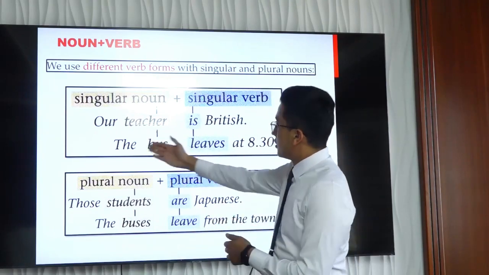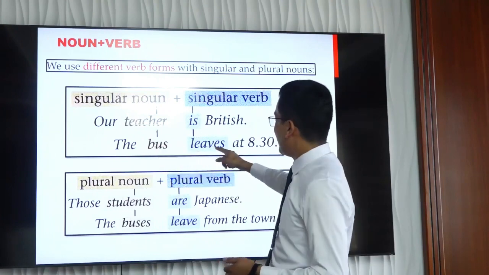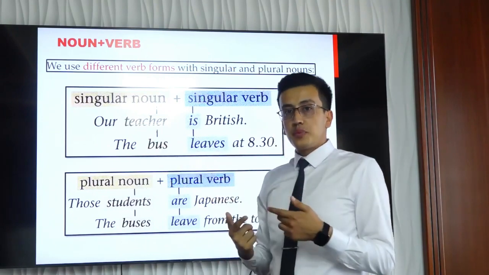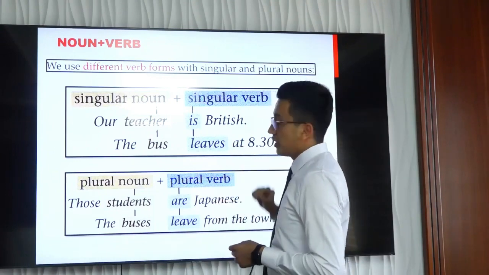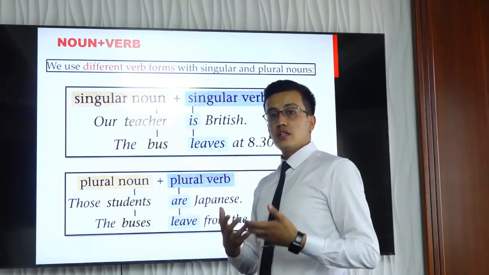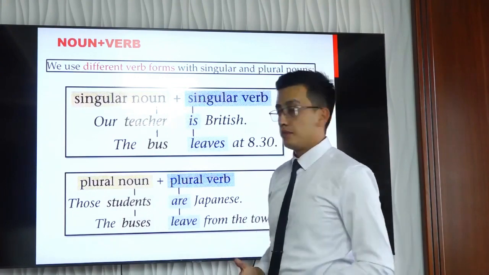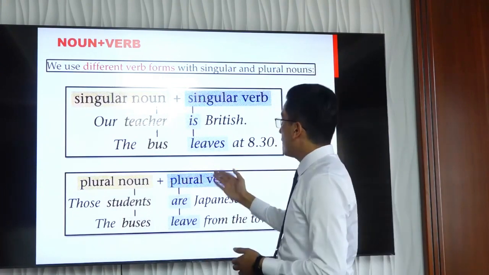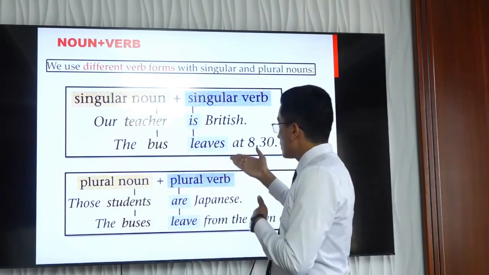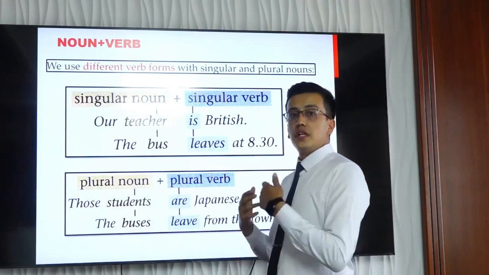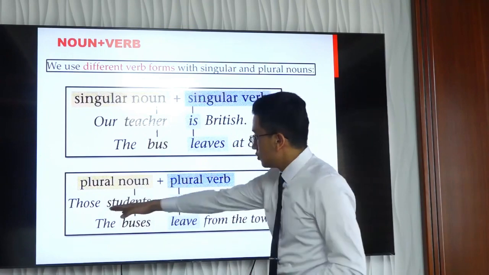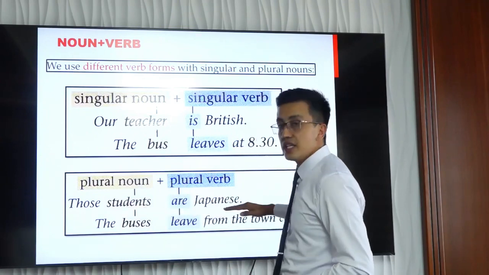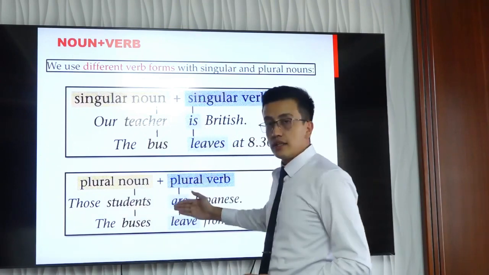And here, the bus, and the verb is leave, but according to the rule of present simple, you should add an s at the end of a verb to make a singular form of this verb in present simple. That's why bus is singular and leaves is also a singular verb. If the noun is plural, you should use the plural verb. Like here, those students are Japanese. Why not is but are?